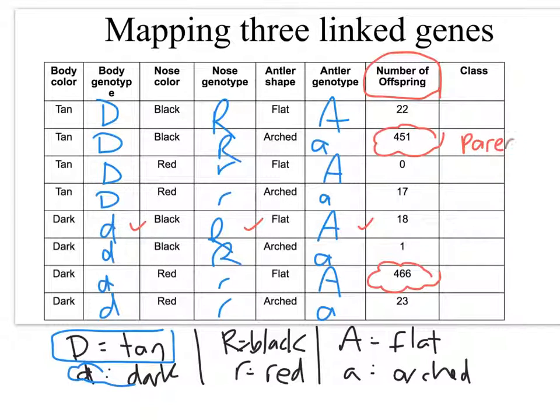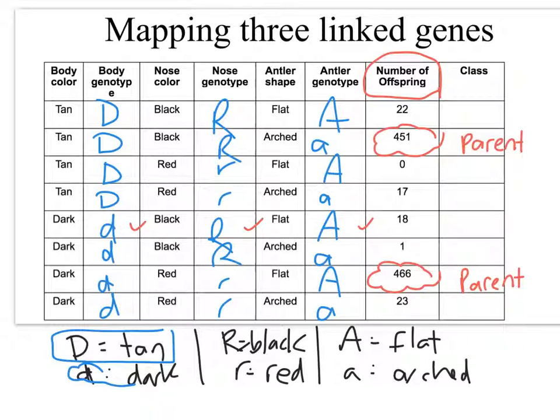And as we've mentioned before, it's the parental classes relative to the heterozygous parent. So these are not only the most abundant because they're the ones that require no recombination, but they're also telling you another piece of information, which is that these are the parental genotypes of the heterozygous parent.